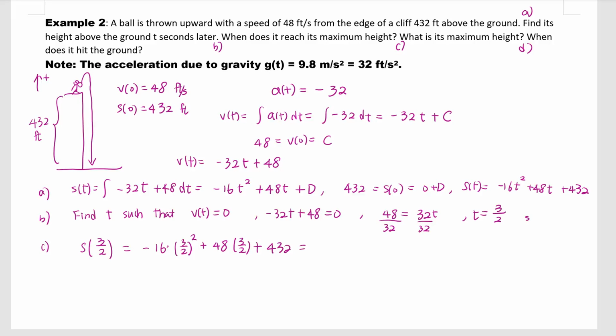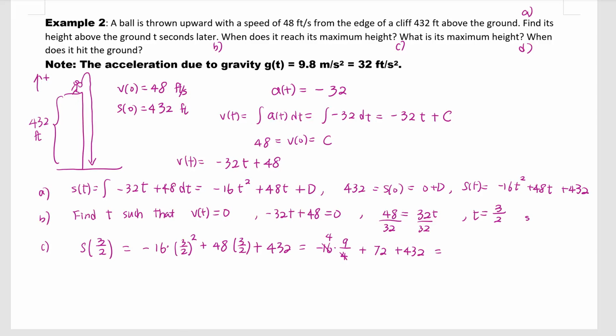Okay, let's see what it is. 3 squared is 9, 2 squared is 4, 4 and 16 cancel, we get 4, and 4 times 9 is minus 36. And 2 and 48 cancel, we get 24, 24 times 3 is 72, plus 432.